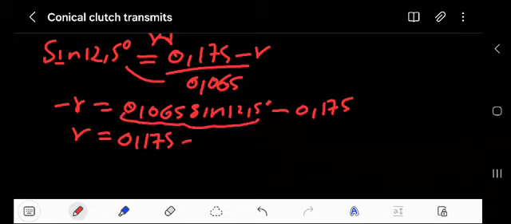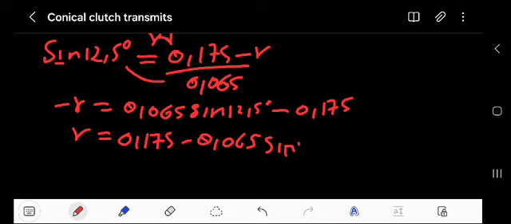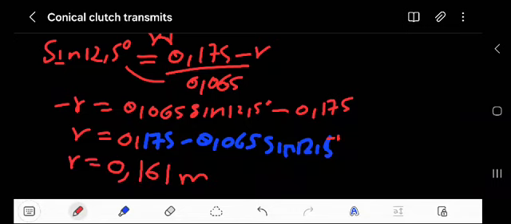If I punch this in on my calculator, r will be approximately 0.161 meter.